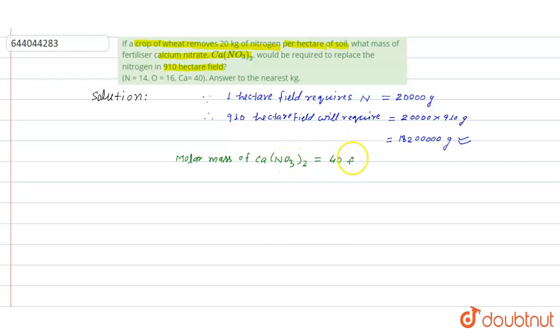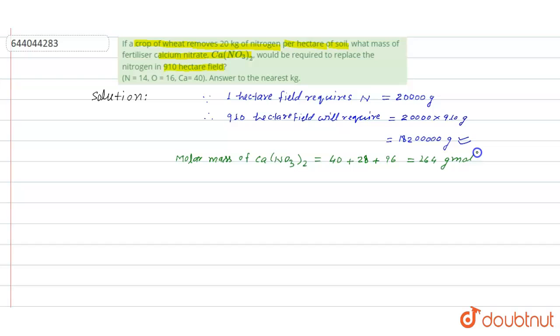Nitrogen 2 moles means 14 plus 14, 28, plus oxygen 3 into 2, 6 moles, so 6 into 16, 96, and this comes 164 gram. 164 gram per mole.